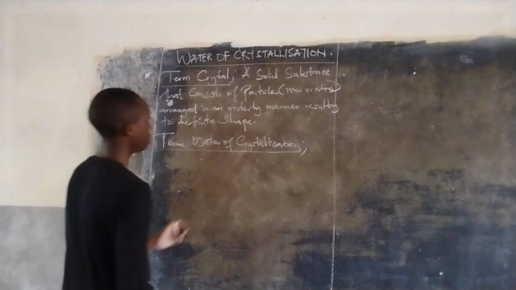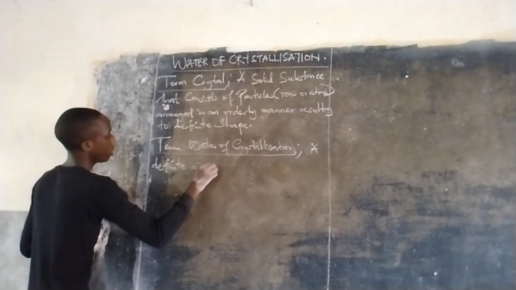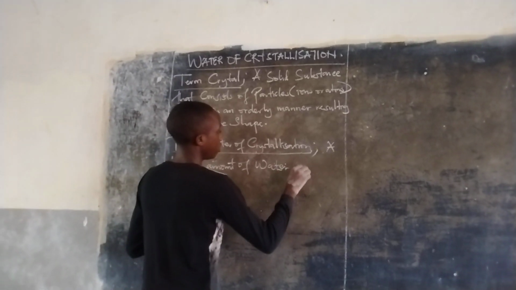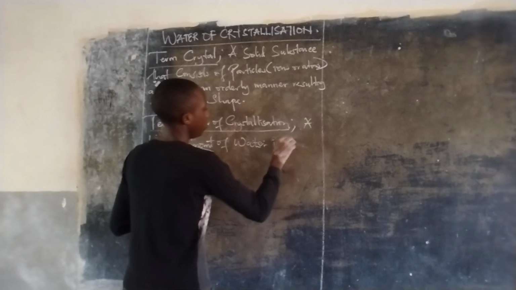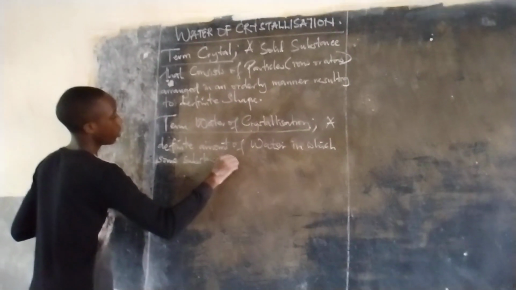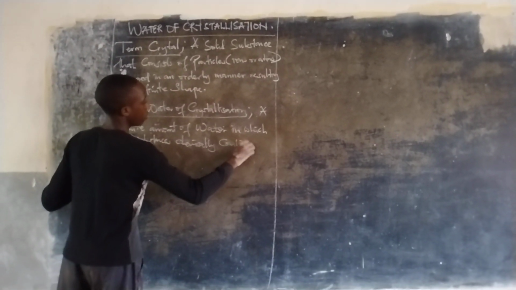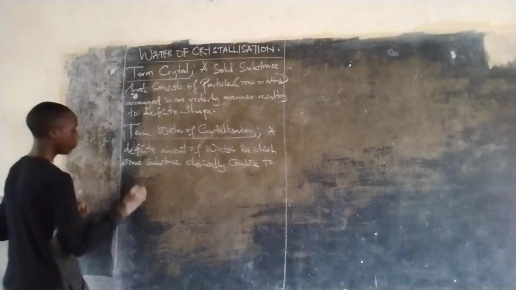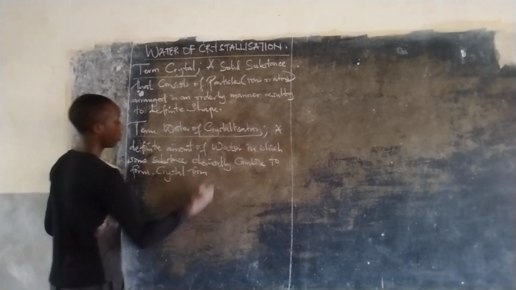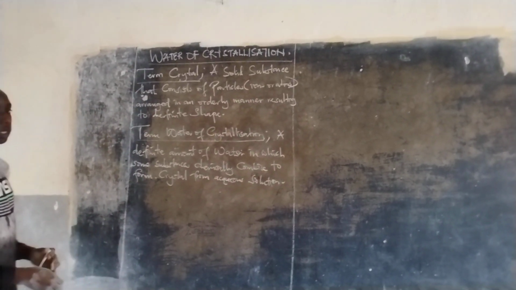So simply, here, water of crystallization will be a definite amount of water in which some substances chemically combine to form crystal from aqueous solution. That's how you can understand the term water of crystallization.